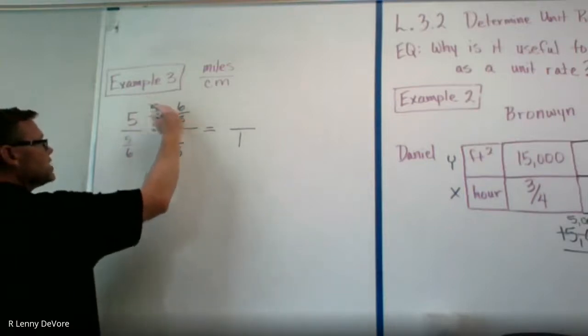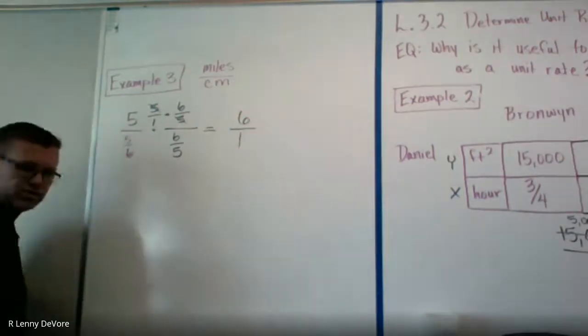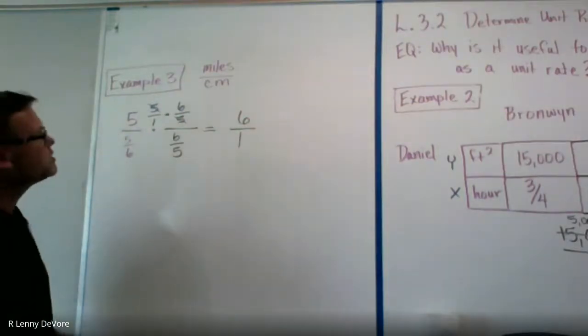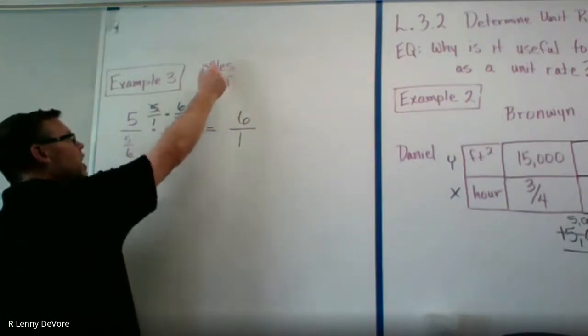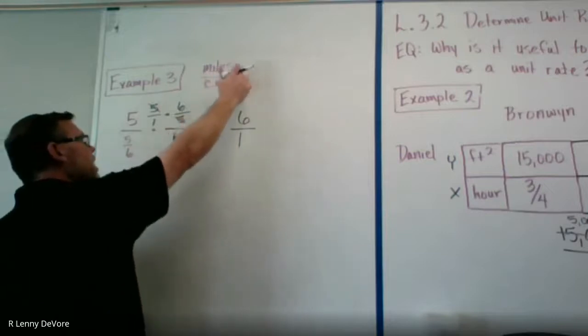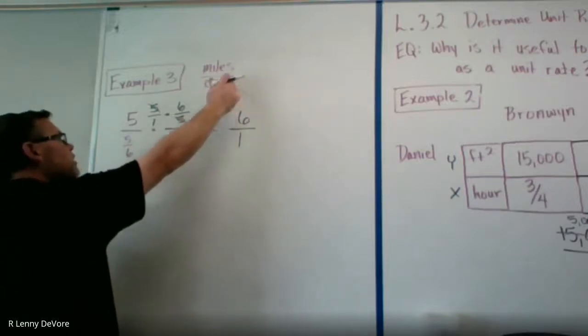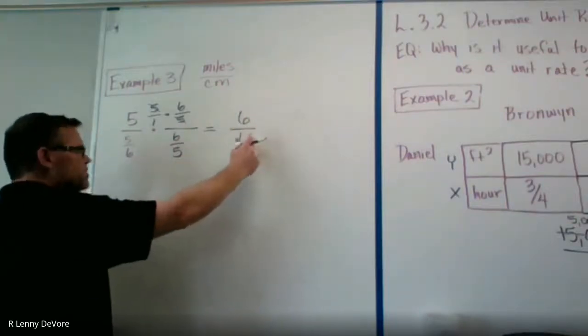That way I can cross cancel these and see that 6 miles is 1 centimeter. Okay, this is why it's important to realize what you're comparing, because it'll help you to order your information. Okay, so 6 miles per centimeter, 6 miles per 1 centimeter.